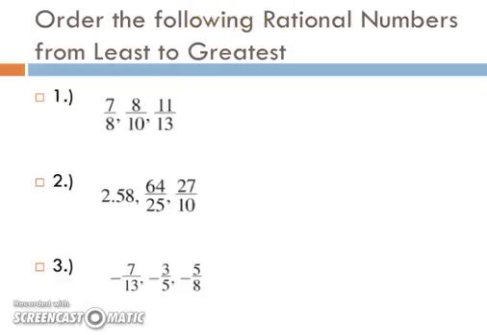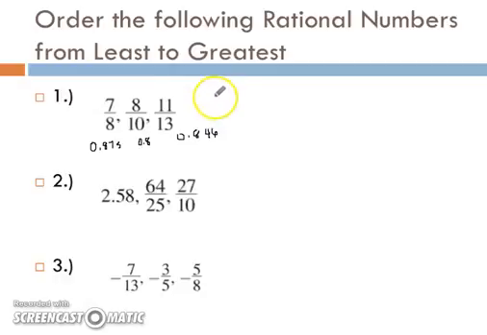The next part is with ordering the numbers from least to greatest. So using the different methods you've used, you can either convert them all with the same denominator or convert them to decimals and compare. So if I convert to decimals, 7/8 is actually 0.875. 8/10 I know is 0.8, and 11/13 is 0.846.